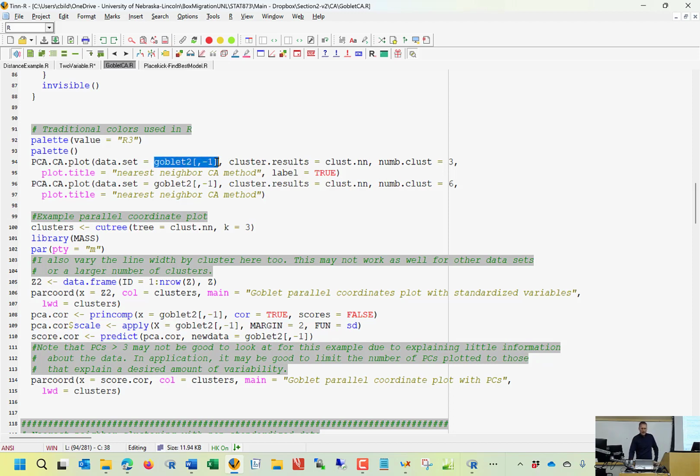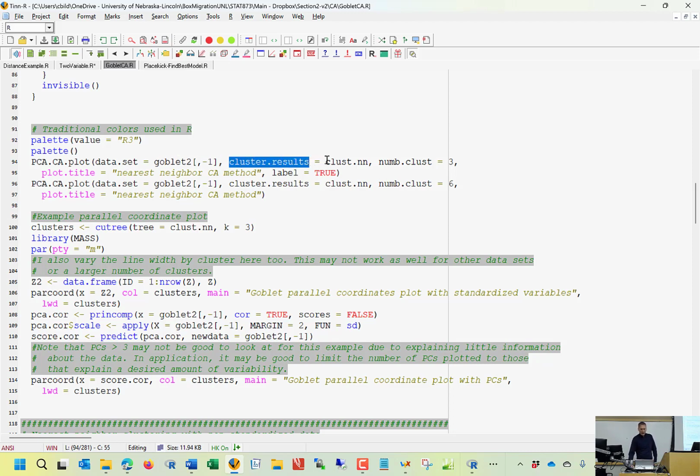I just specify where my data is, just the variables themselves. So notice how I have a -1 there. That first column was the observation numbers. So what it's going to do is take goblet 2, the remaining variables in there, and use principal component analysis using the correlation matrix, in other words, working with the standardized variables in the covariance matrix.